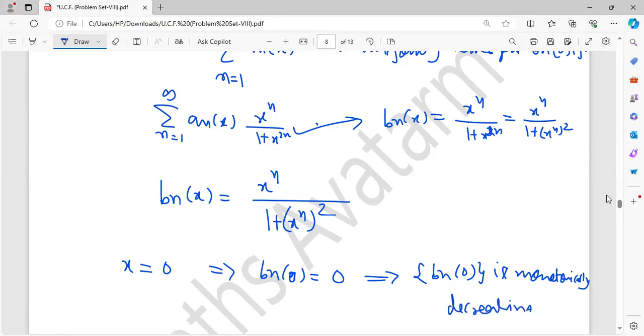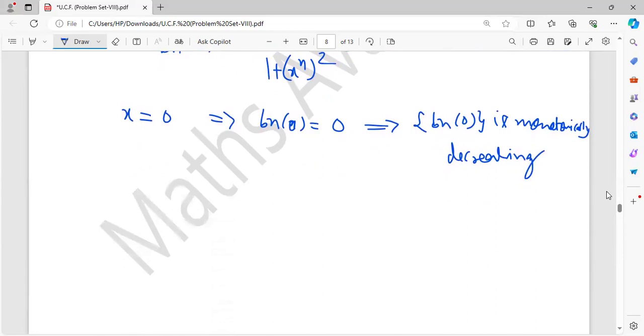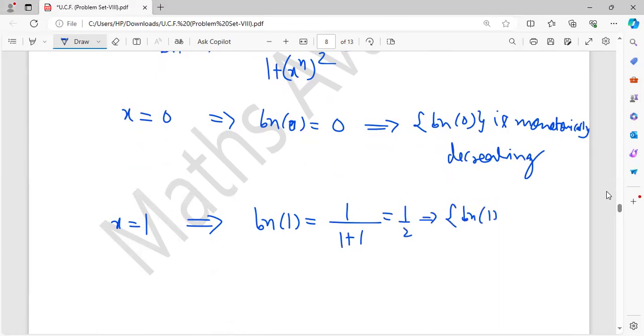Now if I am taking x equal to 1, then what is b_n(1)? 1 upon 1 plus 1, that is 1 by 2. So this is a constant sequence. We can say it is monotonically decreasing. Constant sequences are monotonically increasing and decreasing both. So I am writing here monotonically decreasing.